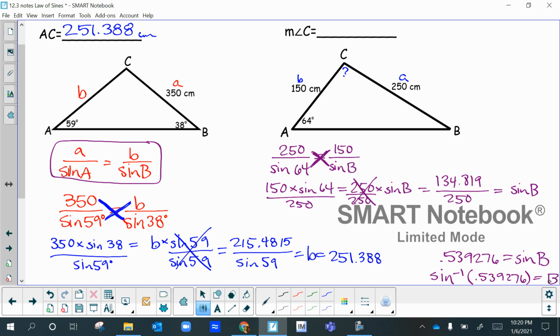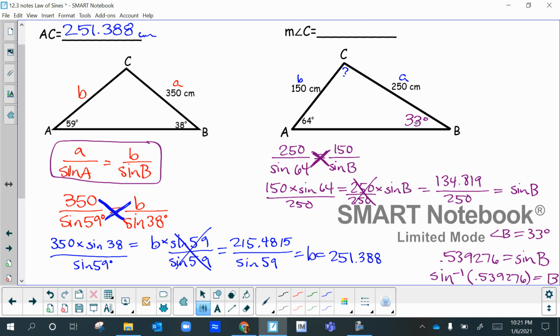And don't press equals, because then it's going to change the number. So you should have gotten about 32.6 degrees, which we're going to round to the whole number. So this is about 33 degrees. So angle B is equal to about 33 degrees. It was 32.6, but we're going to round to the whole number.